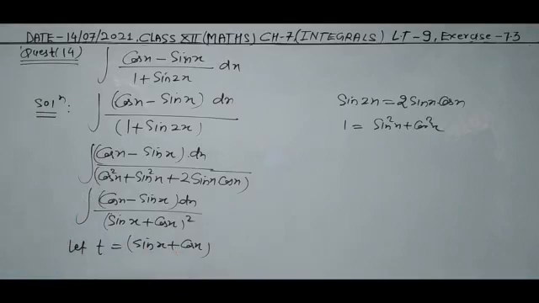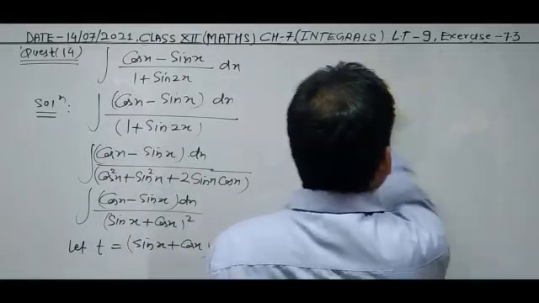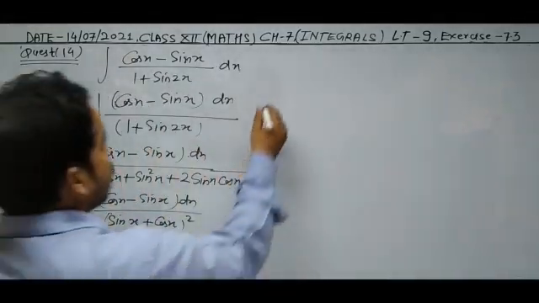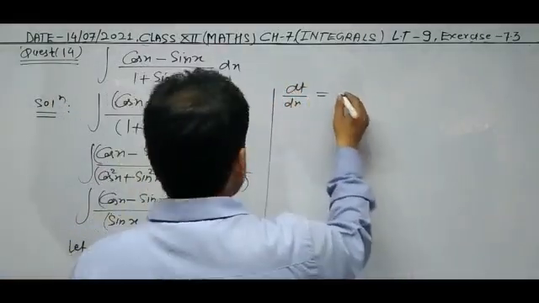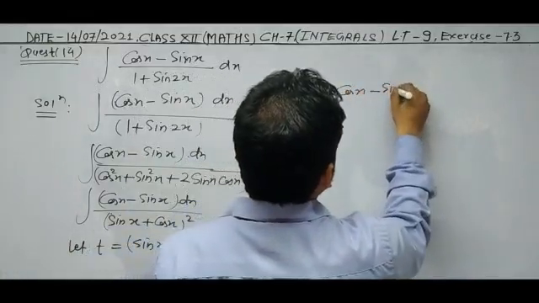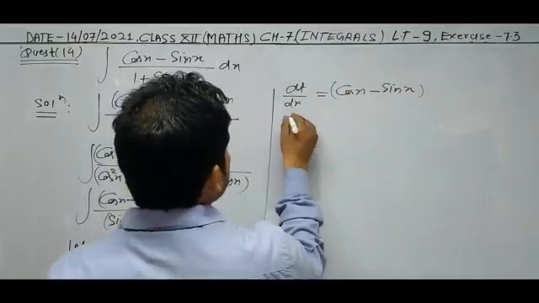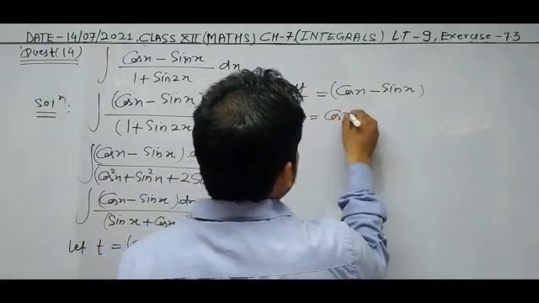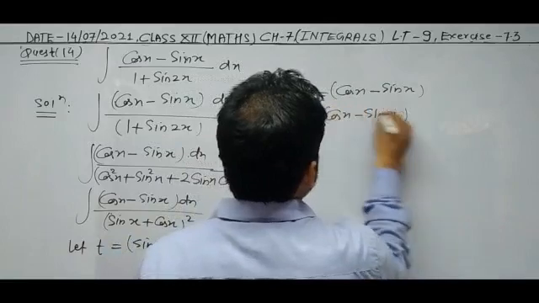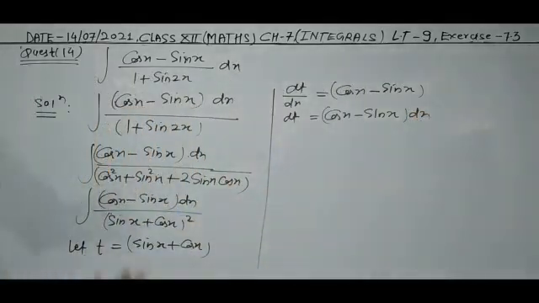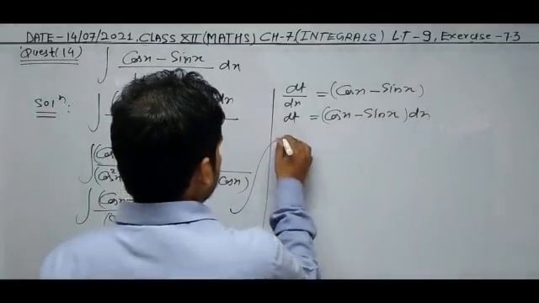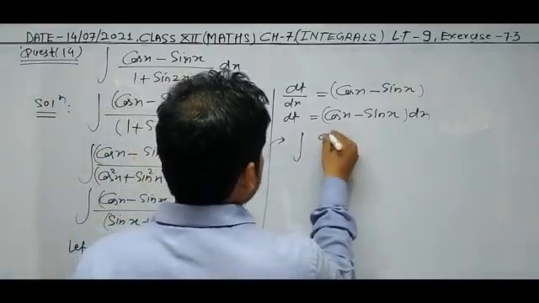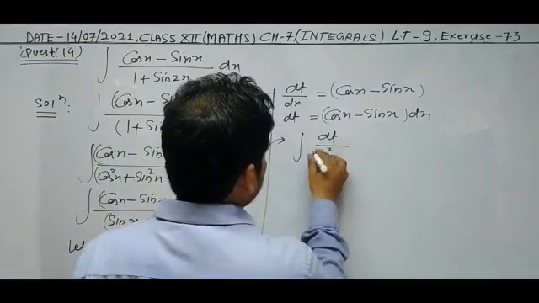So what will be the result of dt? dt by dx will be cos x minus sin x, and the dx transfers to the right, so dt is cos x minus sin x dx. So the integration converts to dt whole upon t square.